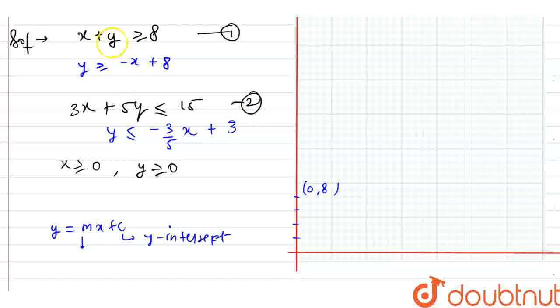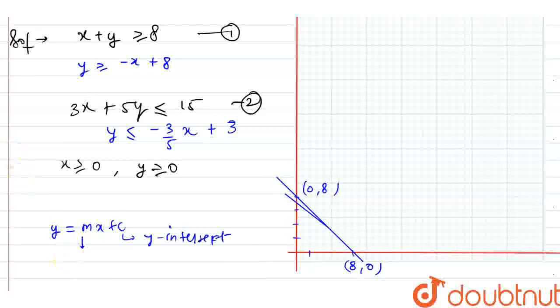In the first equation, I put y equals 0, so I will get x as 8. I'm taking 2 blocks at a time, so it will be somewhere around here. So it is 8 comma 0. On joining these points, I will get my first line. So I'm joining these points, and here we have our line.